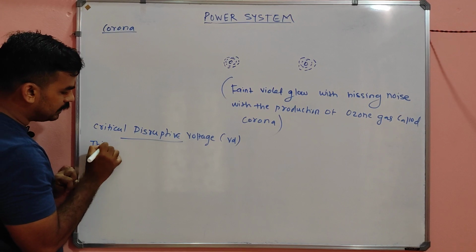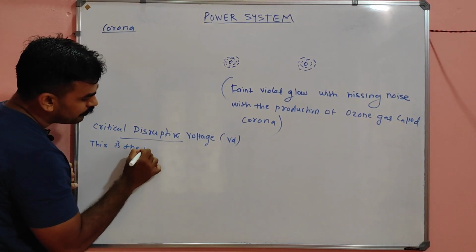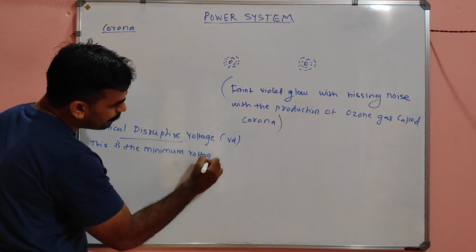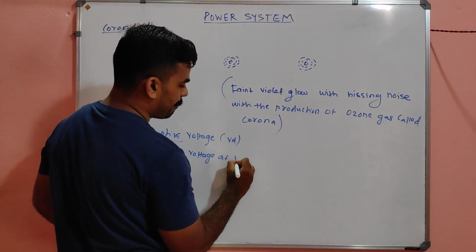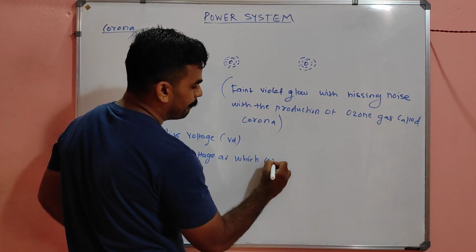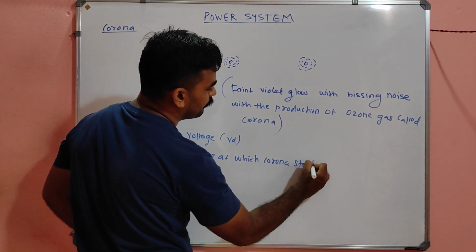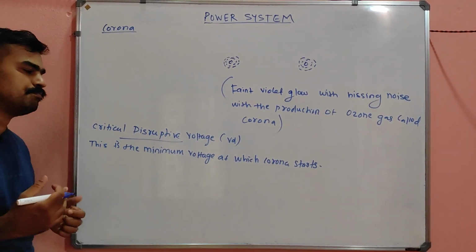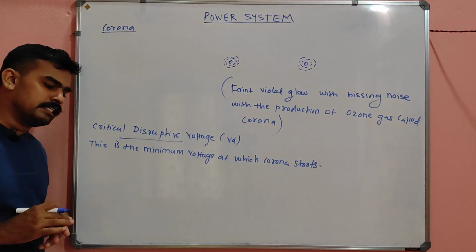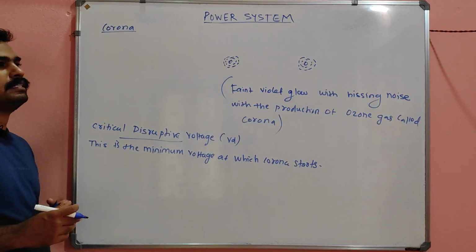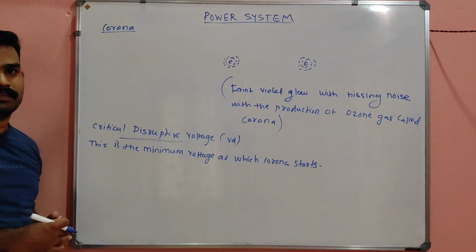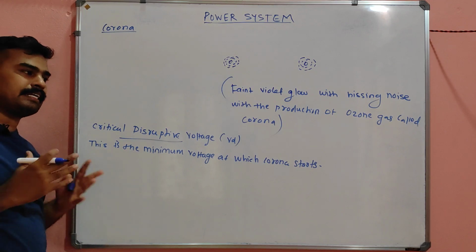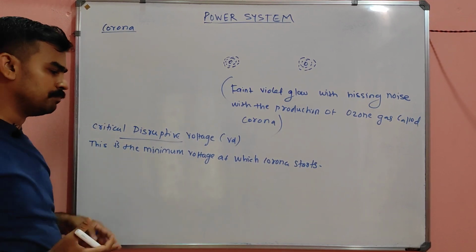This is the minimum voltage at which corona starts. The minimum voltage at which corona starts is called the critical disruptive voltage, or sometimes the visual critical disruptive voltage. That is where visually we can see the corona. There may be corona, but visually you can see that faint glow and all. That is called the visual critical voltage. It's not that important.